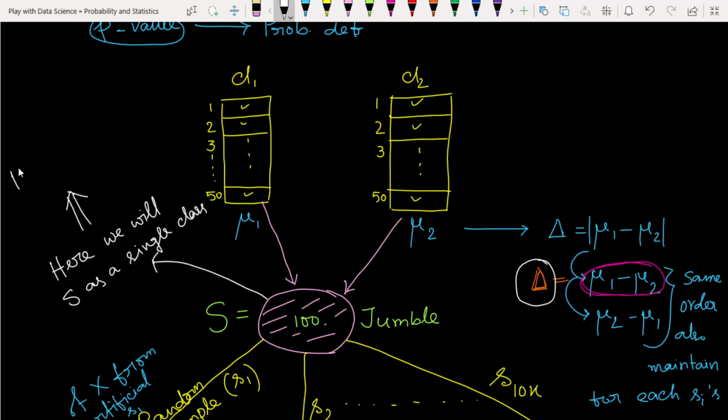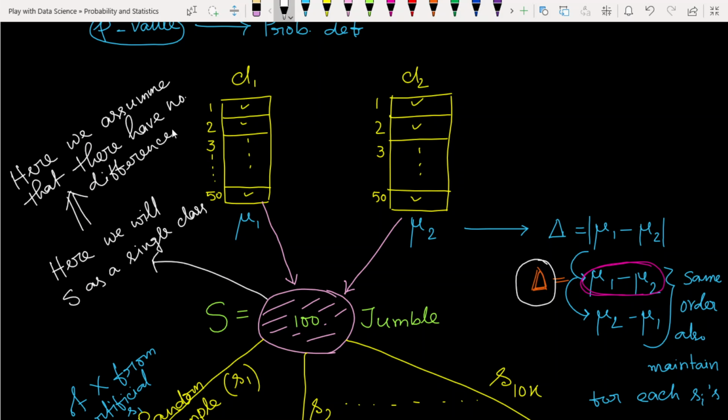We assume that there is no difference between class 1 and class 2.